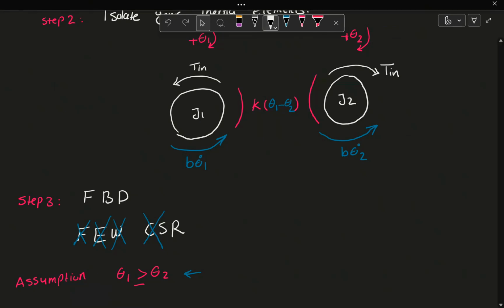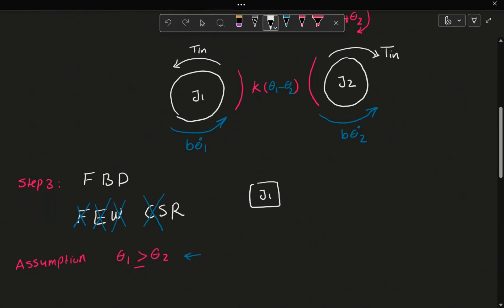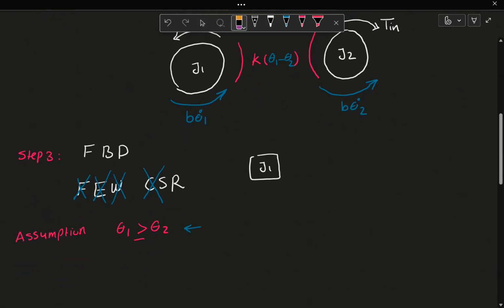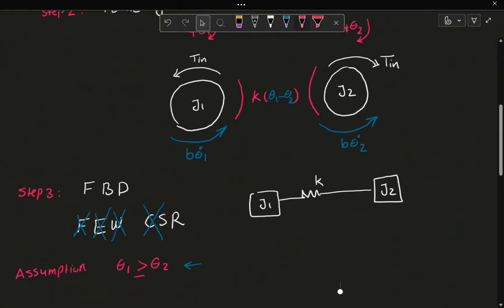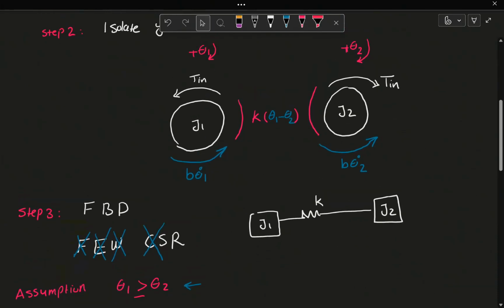Look at this. How? I would say that this is my mass J1, this is my mass J2. And also, I would say that these two masses are connected to each other with a spring K1 or K, sorry. Now, here is the important part. I need to basically select my coordinate system for these two masses.